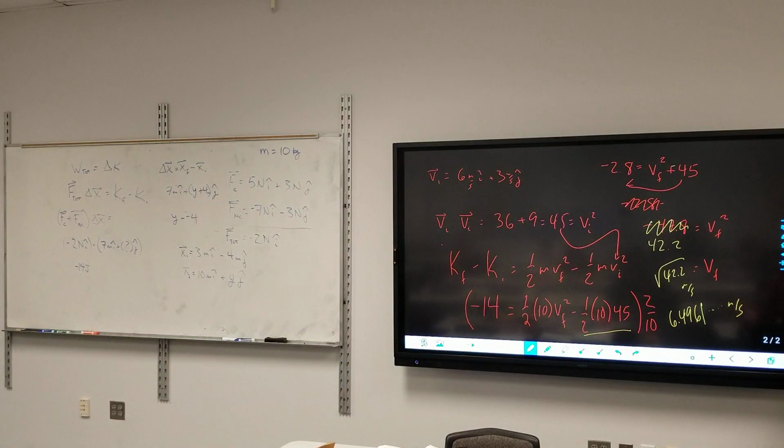Since we lost kinetic energy, I would assume that this is slower than what we started with. And it would have to be. Square root of 45 is bigger than that. Or Ibrahim lied to me.